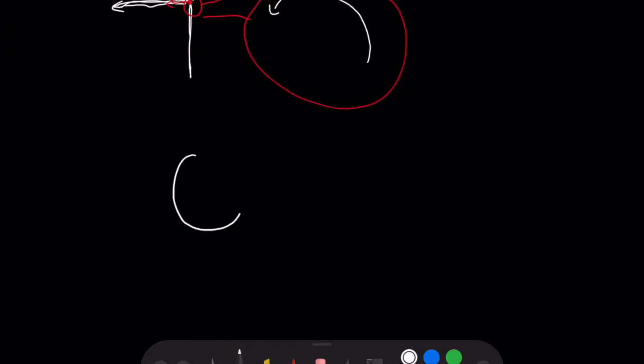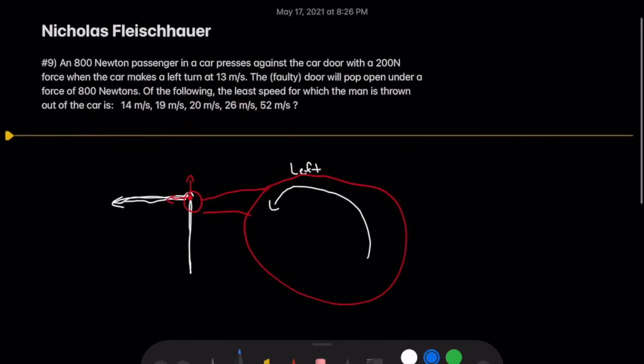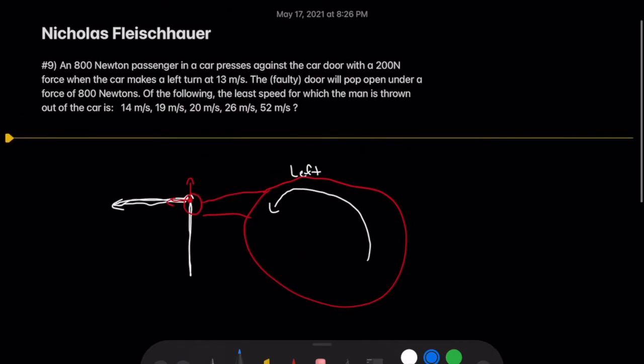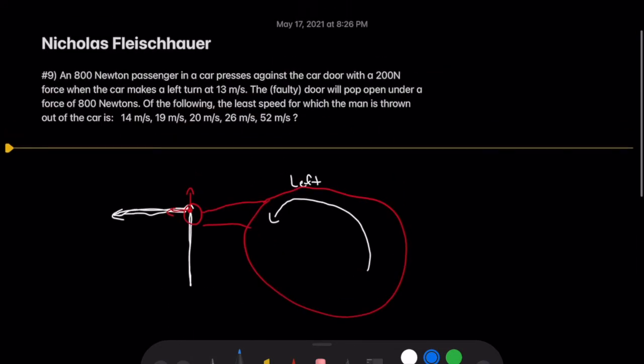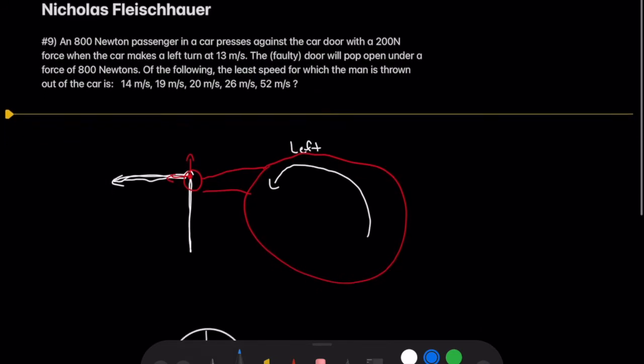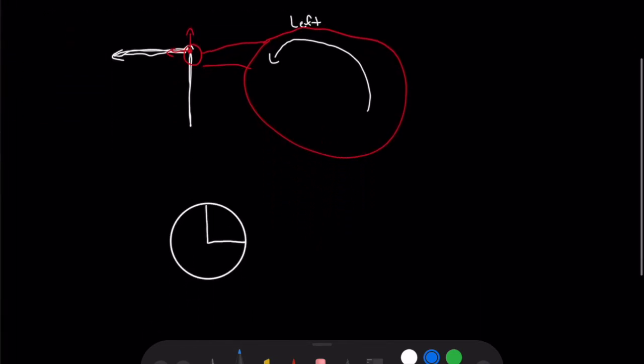We're going to draw a circle here to simplify things, and we're only going to be looking at this section. The car makes a left turn at 13 meters a second. So we're going to assume that it's maintaining a speed of 13 meters a second.